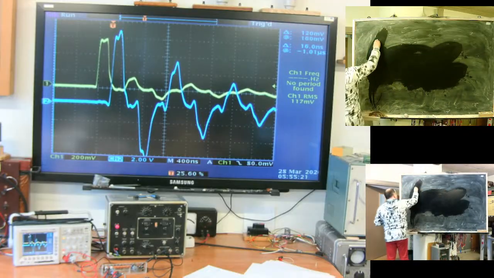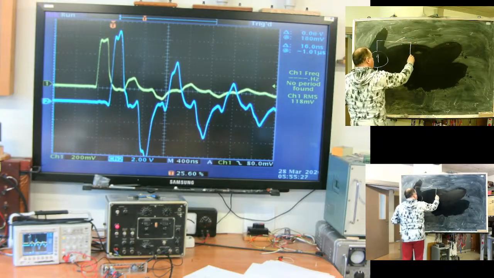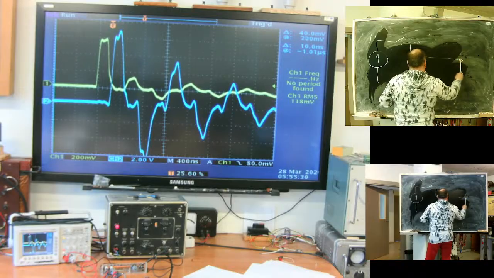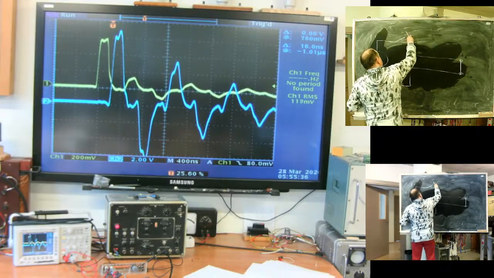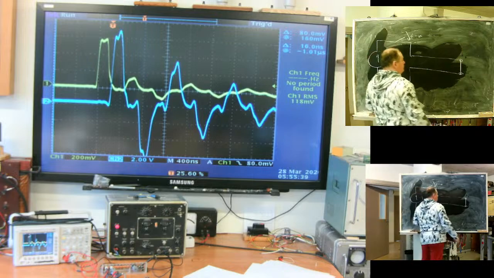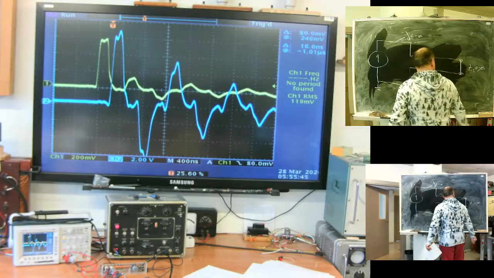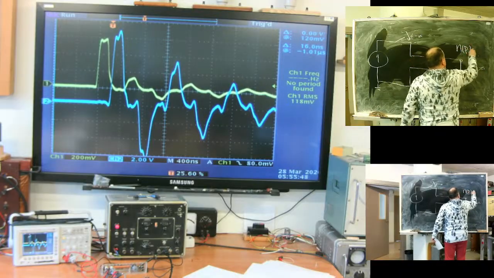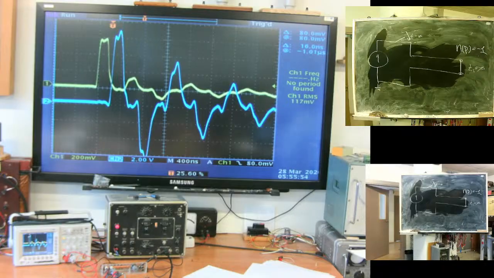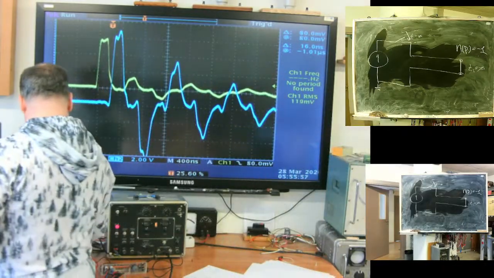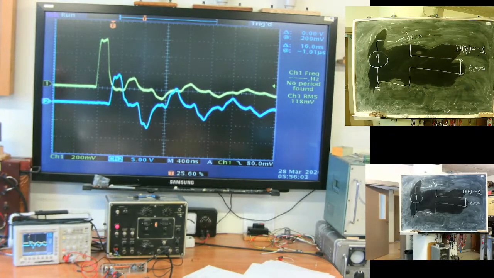What will happen for this case? The reflection factor is -1.